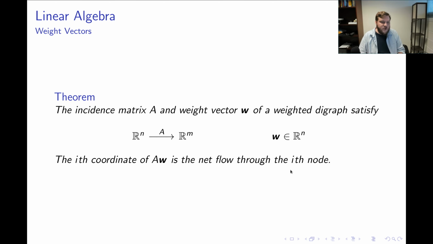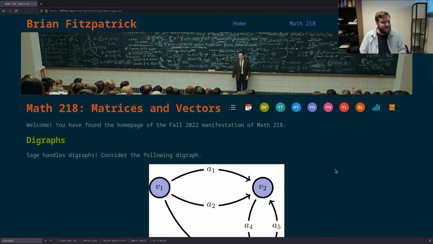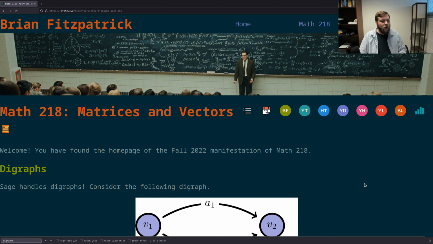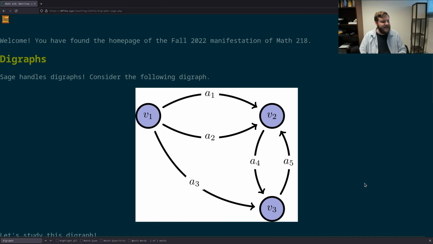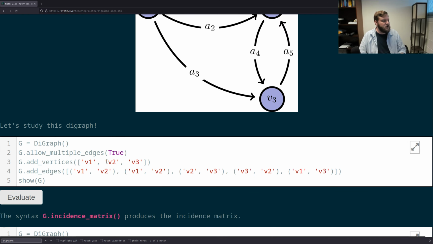I just want to quickly direct your attention to the Sage calculator that I've included for this lesson. Let me make this a little bit bigger. One cool thing about Sage is that it's sophisticated enough to work with directed graphs. I've included a sort of tutorial here where I've done the coding for you.